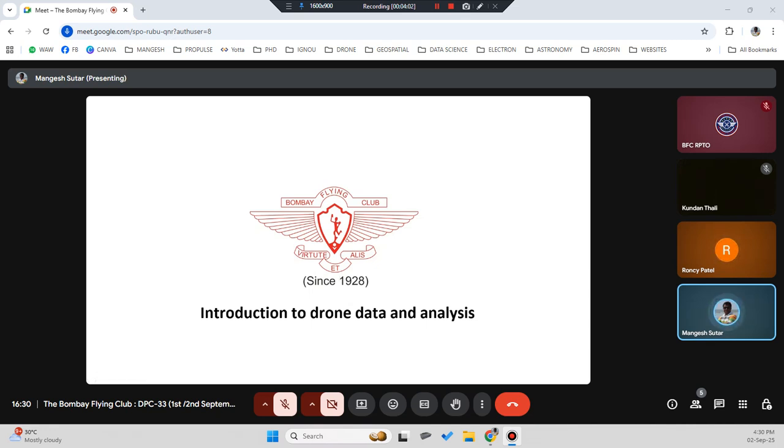Okay, so there is a separate module, a separate course, which even PFC is working on. We are going to come up with a course called GIS Basics and Advanced Courses. Those will be 5 days each, more or less theory and practical based. But those are more for people who want to do some advanced activity based on the data captured using the drone.